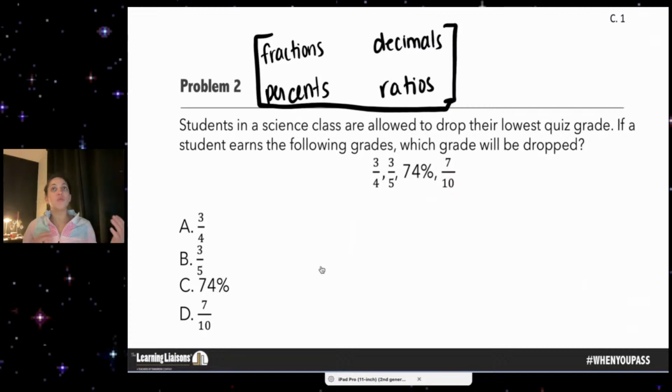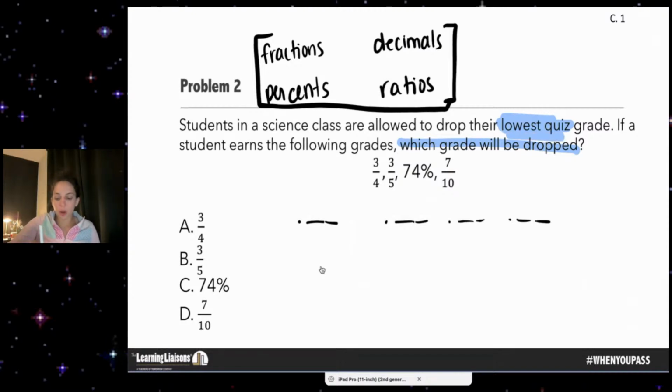And so I can really convert between any of these and do it pretty easily to be able to compare one to another. The easiest way to compare these is going to be by putting them in decimal form. Because if they're all in decimal form, then I can compare their place value to figure out which one will be dropped, which is the lowest quiz grade.